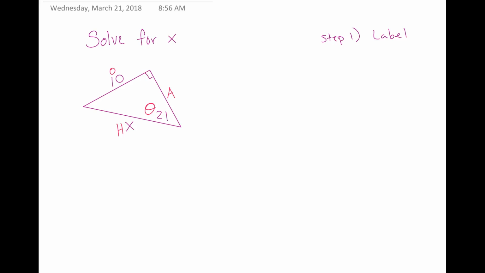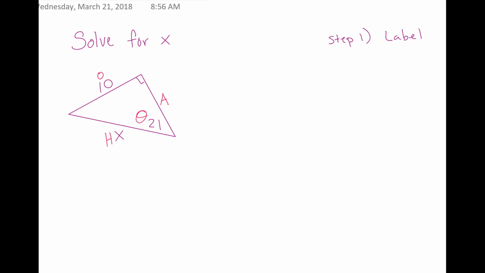What does our second step say to do? Box the labels being used. So which labels are being used? O has 10. H has X. And here I am circling, but I said box. And theta has 21. Now what do I do?